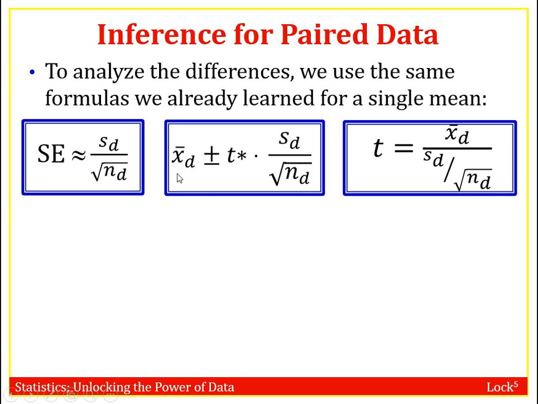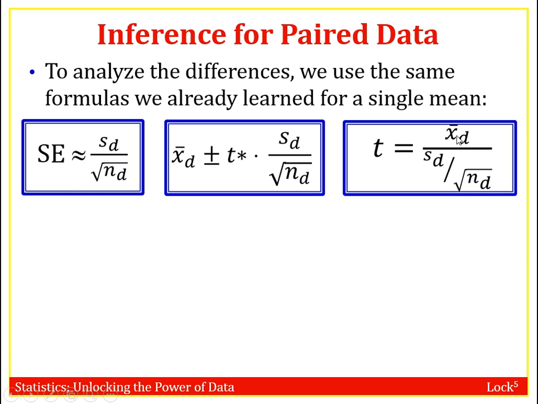Your test statistic is the mean of all those differences for that paired data, your t star and your standard error. I said test statistic here, sorry. That's your confidence interval. Your test statistic is over here.